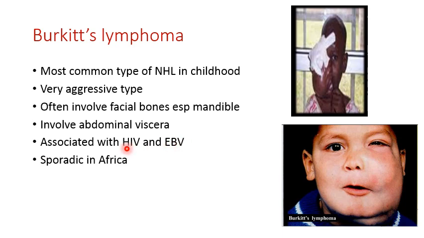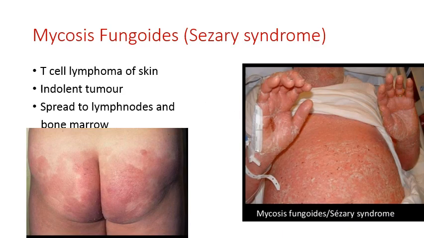And then mycosis fungoides is a T-cell lymphoma of the skin, and it comes in the differential diagnosis of exfoliative skin lesions. It doesn't look like a lymphoma, but when you do the biopsy, it is a skin lymphoma, or Sézary cell.